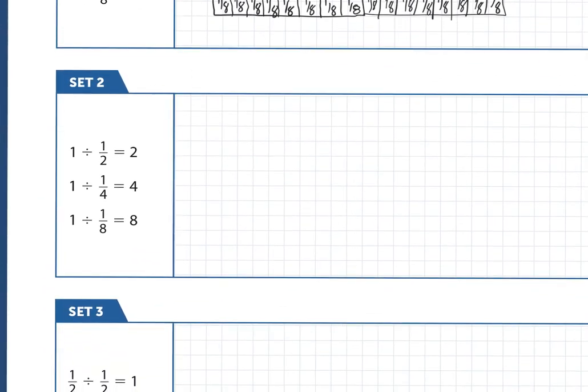Set 2. I want to show 1 whole box. I'm going to make it 8 parts. 1, 2, 3, 4, 5, 6, 7, 8 parts. 1 box divided by 1/2 equals 2 boxes.